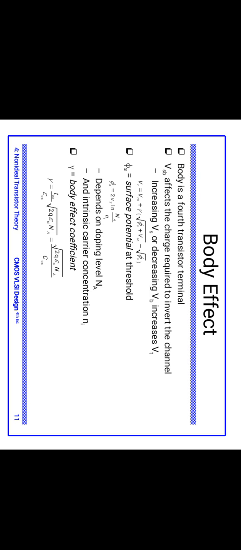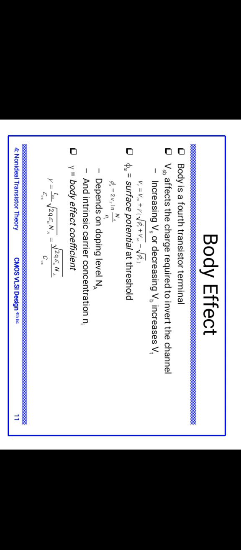Next is body effect. CMOS devices consist of a common substrate. The substrate bias level is normally equal. Consider two NMOS transistors connected vertically in series. The source to substrate voltages are observed vertically upward.